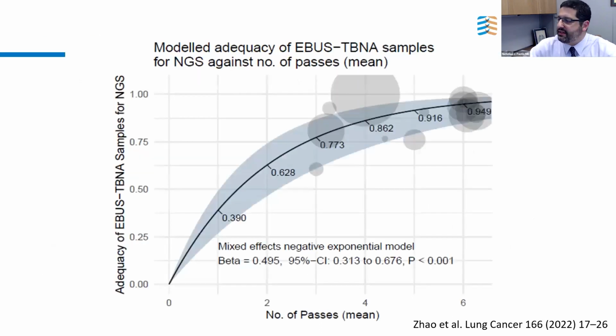So this is a bubble plot showing the adequacy on the left. 1.0 is 100% adequate, and then the number of passes is on the x-axis, and you can see when you get to 6, you had your highest adequacy. So it's somewhere around 4. We know at least 4 dedicated passes is recommended, and potentially up to 6.